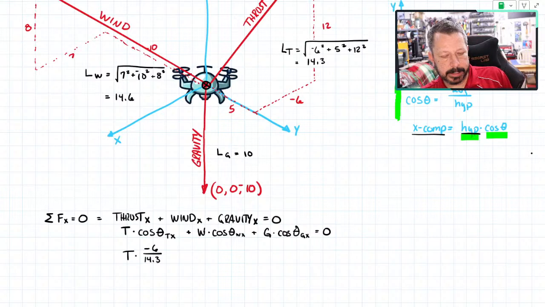And that -6 over 14.3, that's just a constant number. And it turns out that's the coefficient that goes with T for this equation. So that is the cosine. If I were to take my calculator and figure out the angle theta tx and take its cosine, I would get this number, -6 over 14.3.